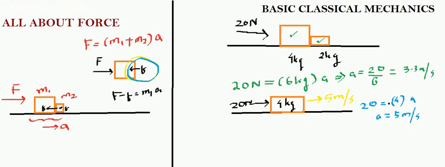But the presence of the second block caused the first block to move with an acceleration of 3.3 meter per second square. So somehow the presence of the second block has decreased the acceleration of the block from 5 meter per second square to 3.3 meter per second square.